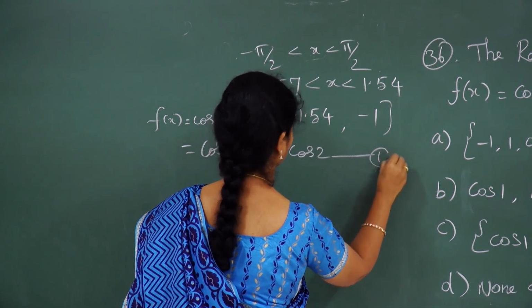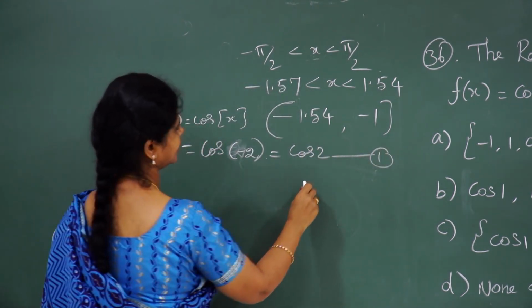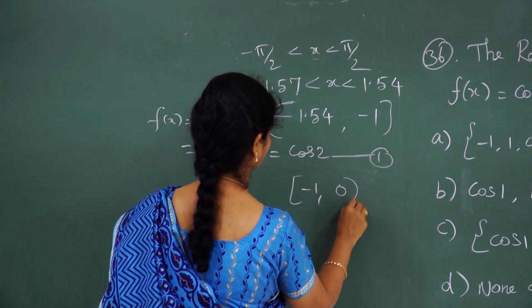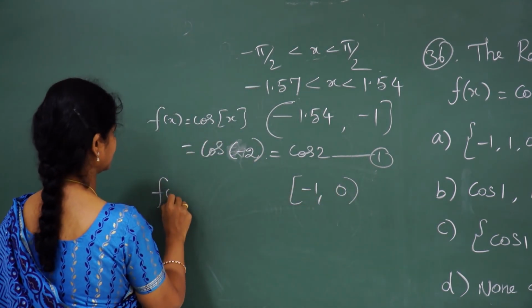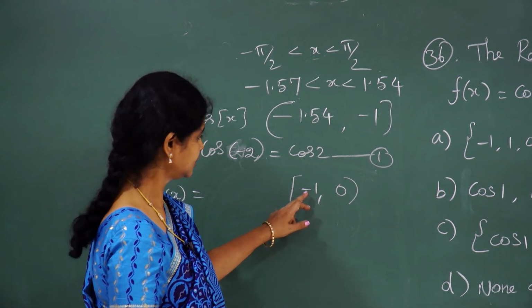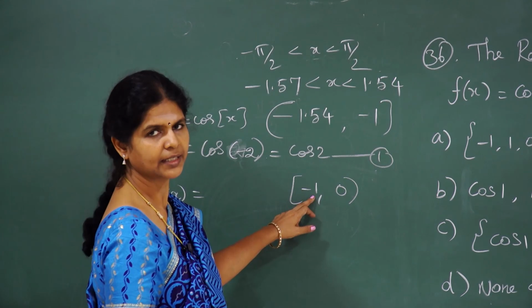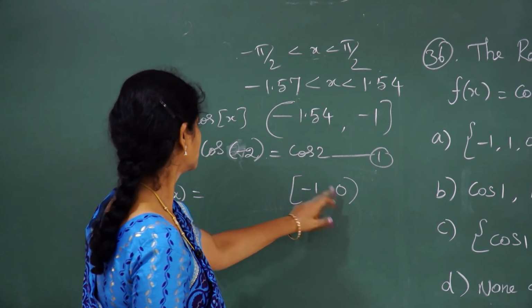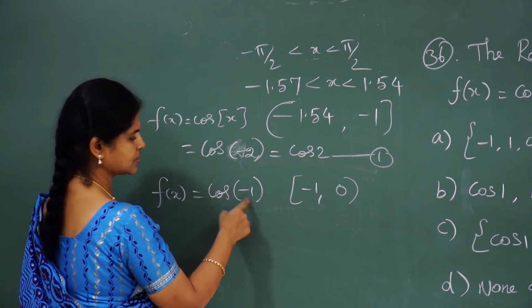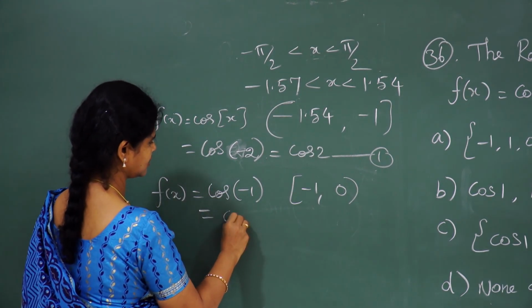So take this as number 1. Next, in the interval minus 1 to 0. Okay. So what is your f of x? f of x equal to cos of the greatest integer of the variable x, which lies between minus 1 and 0, is cos of minus 1. Since cos is an even function, this is cos 1.